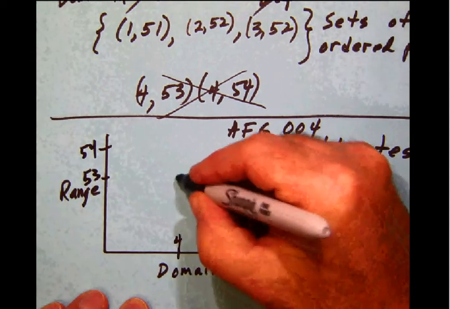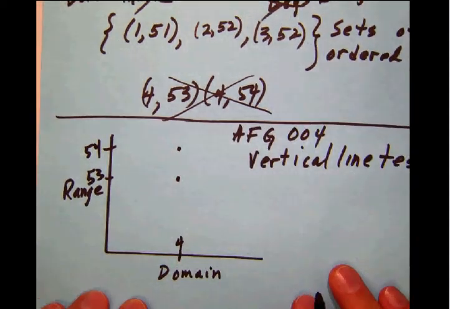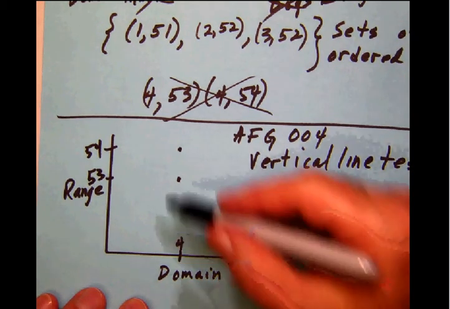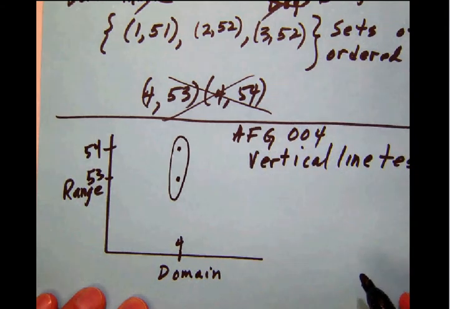Notice that master number 4 would be trying to show two dogs, and in the graph of that, notice how these two dots would be aligned one above the other.